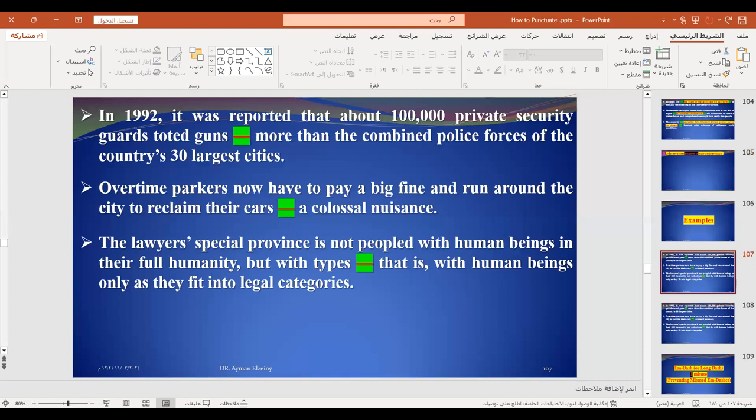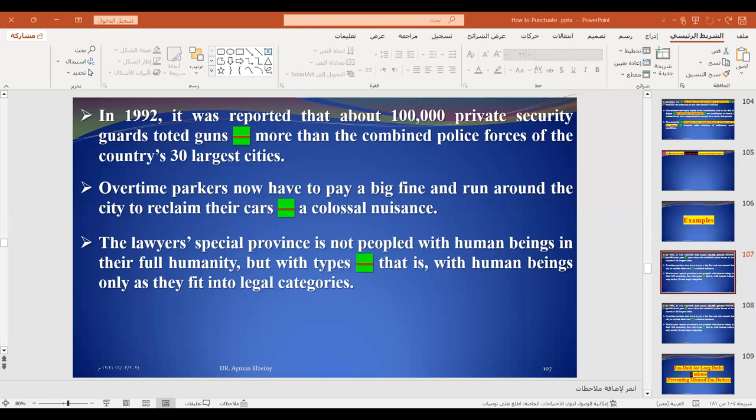in 1991 or 92, it was reported about 100,000 private security guards shooting guns, more than the combined police forces of the country's 30 largest cities.